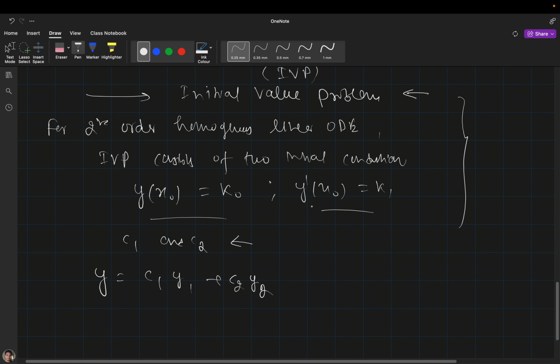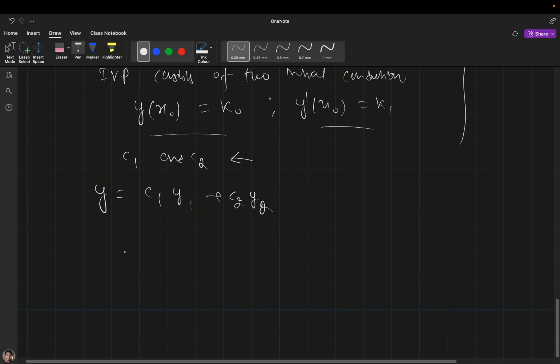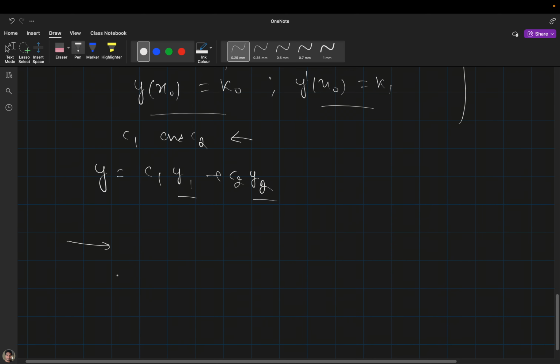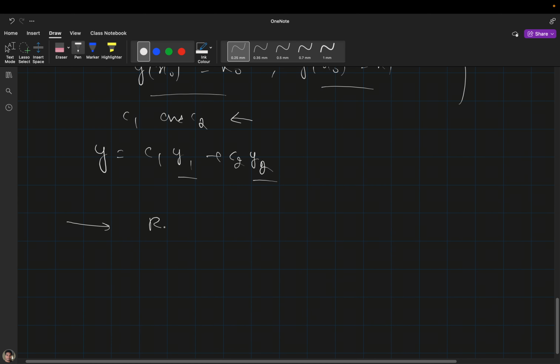Okay. Now if you have one solution, and you want to get another solution, what I mean is, suppose you already got y1, now I want to get y2, then how will you get it? That kind of problem is called reduction of order.